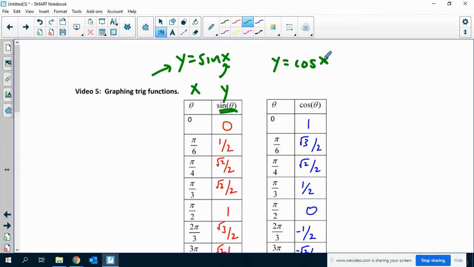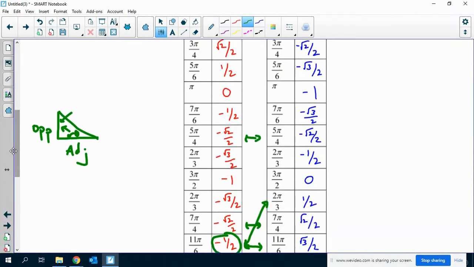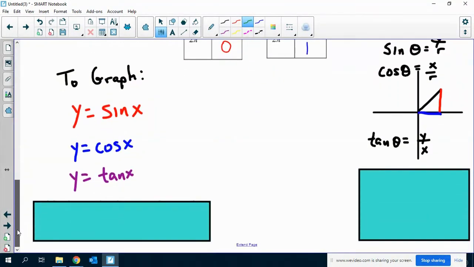If I'm graphing that on an xy coordinate plane, theta becomes the x, my angle is now the x, and cosine is now the y value. So these values are going to become what I have on my xy coordinate plane when I graph the functions. So that's one more distinction.